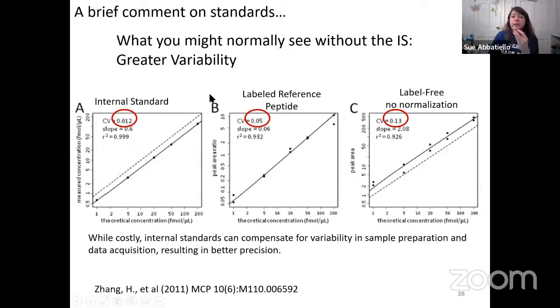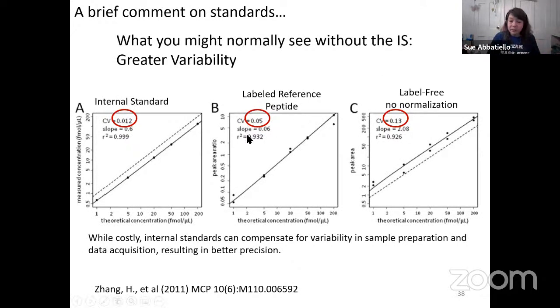So we're able to get very reproducible measurements when we normalize a peptide by its internal standard, same sequence, just heavy. If instead we take these same data that were generated here for the light curve, but instead of dividing by the isotopically labeled peptide that we're looking at, we use a different labeled reference peptide that appears somewhere else in the chromatogram, so it's a different sequence, a different retention time, different ionization potentials, different fragmentation, but we can use the same one labeled reference peptide for all of our peptides.